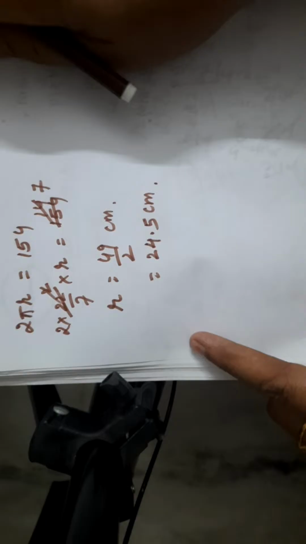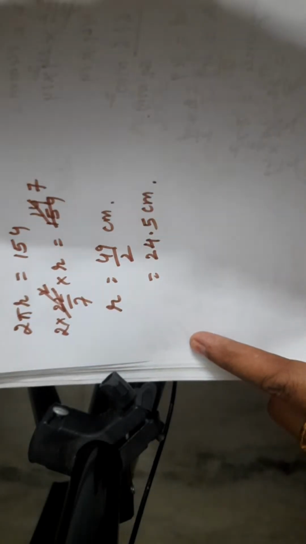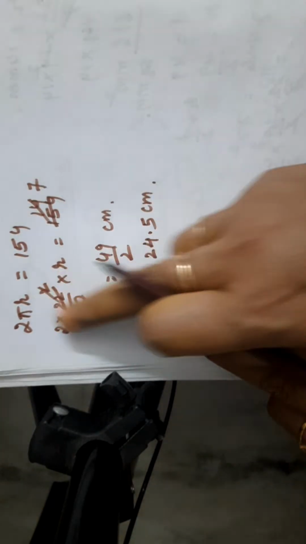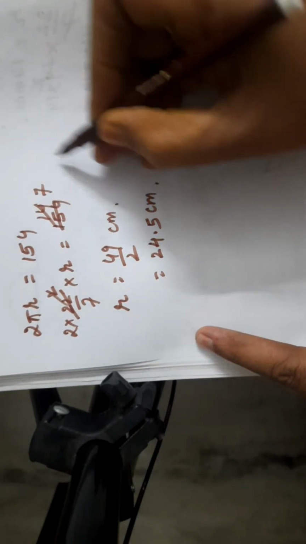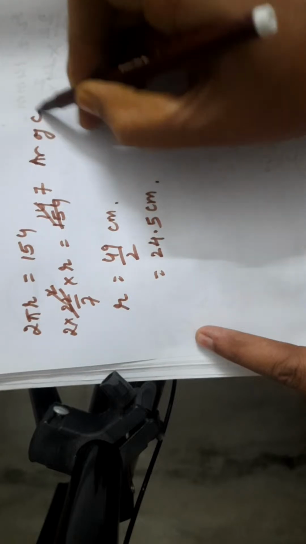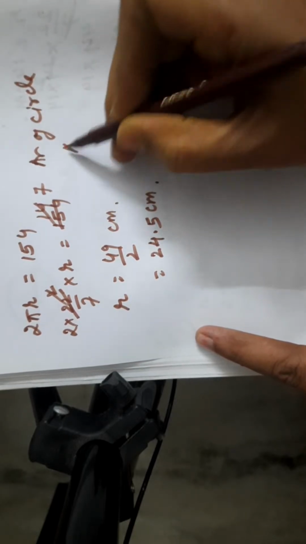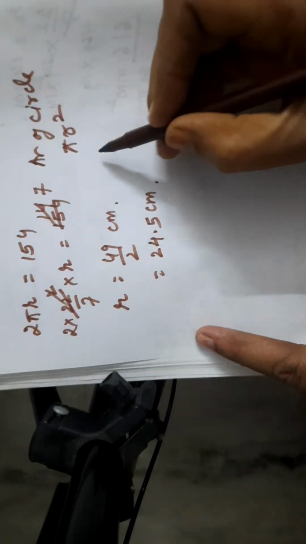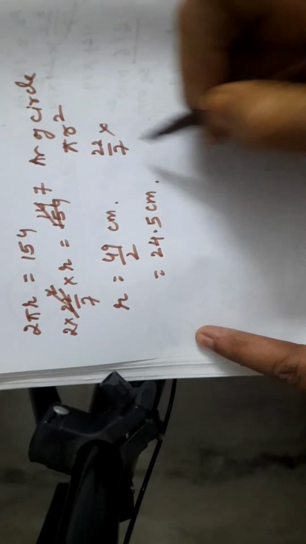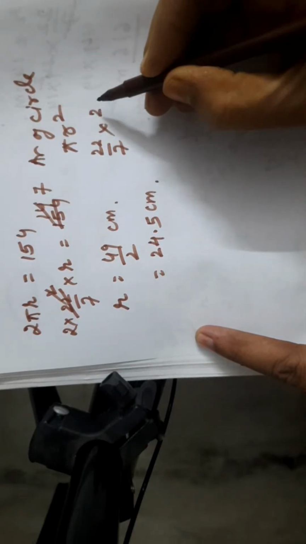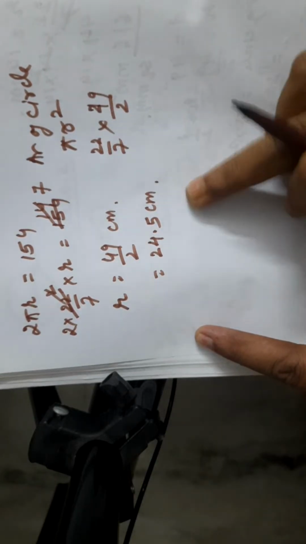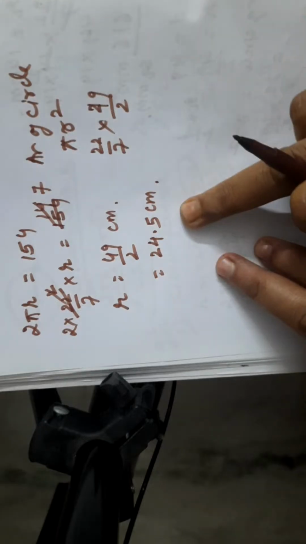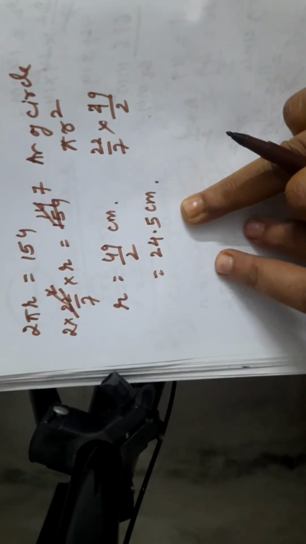Now we need to find the area also. So here we calculated radius. Now after calculating radius, we need to find area. Area of circle, its formula is pi r square. Pi is 22 by 7. Radius is 49 by 2. While calculating, don't use the decimal value, which will make the calculation a little typical.